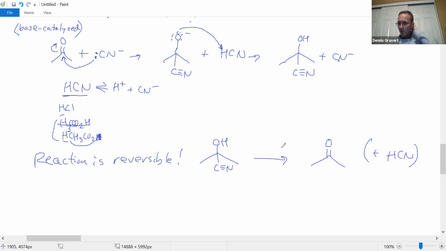In the lab, you can just attach a vacuum pump to a container of this molecule, and it's in equilibrium here at creating some of the hydrogen cyanide gas. So under vacuum, you can remove it. So in the lab, that might be the way you do it.